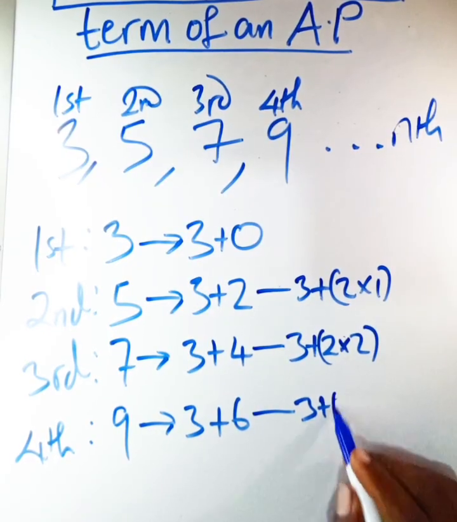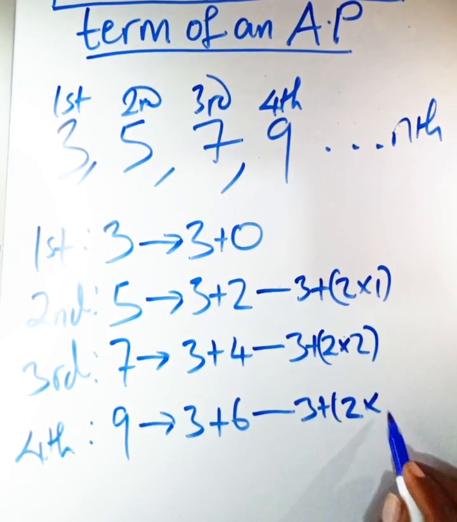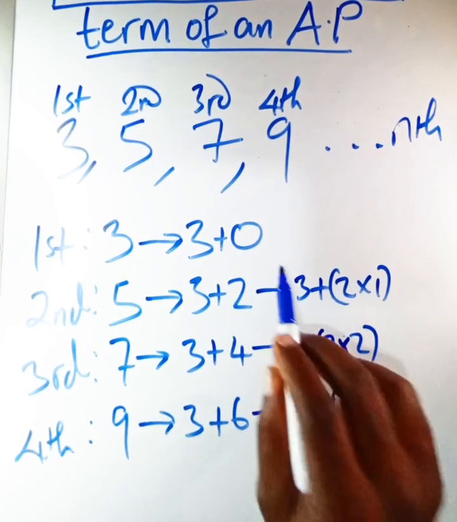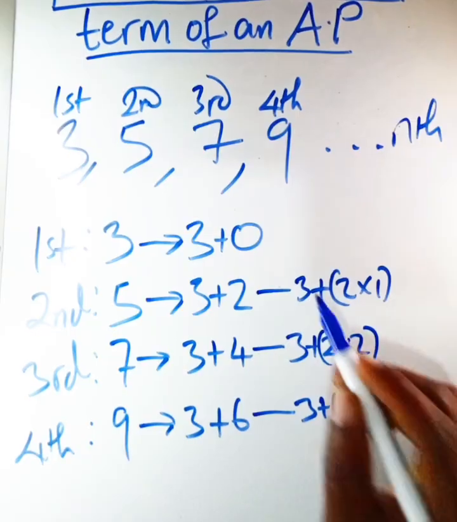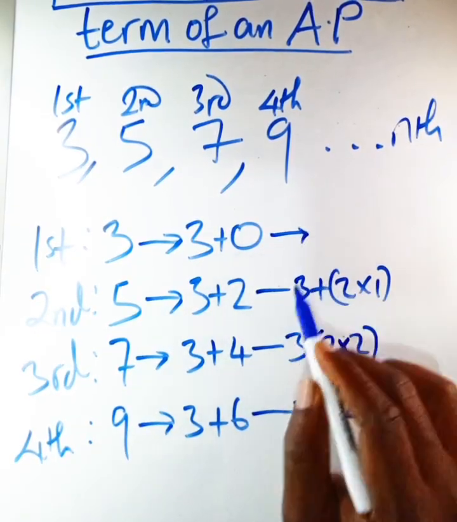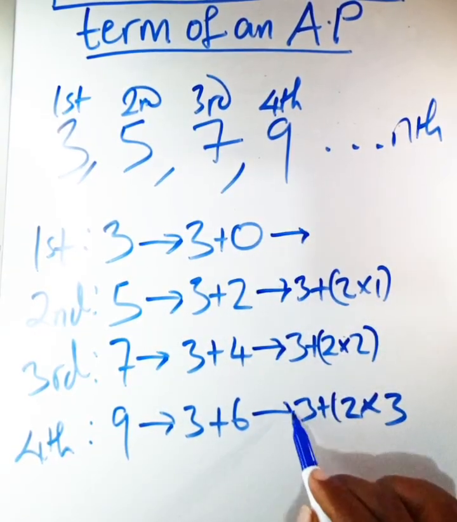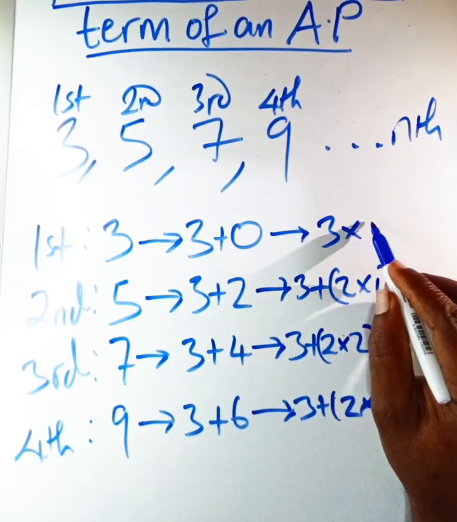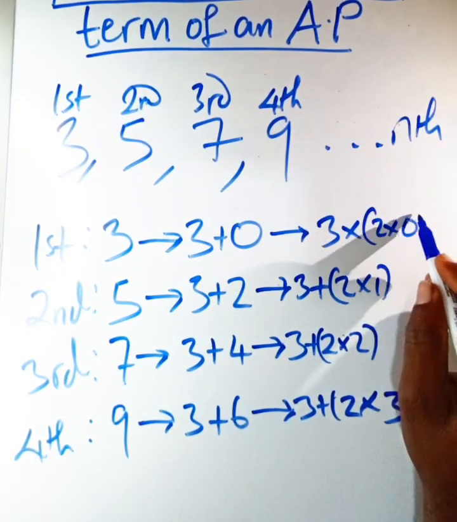So this is going to be bracket 2 times 3. Okay. So going back to the first one, how could I make it look like the others? Well, I could also write this as 3 plus, open a bracket, 2 times 0.